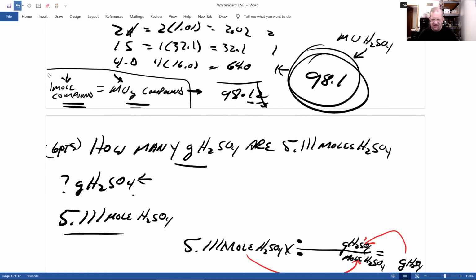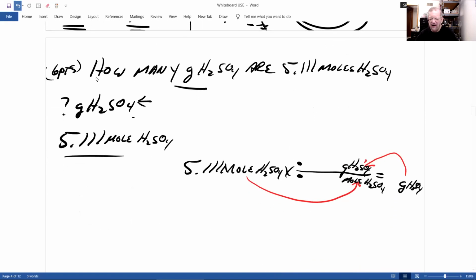Well, we just calculated that. So for every 1 mole, you have 98.1 grams. For every 1 mole, you have the molecular weight of sulfuric acid in grams. Notice moles divided by moles cancel out because anything divided by itself equals the number 1, meaning it's gone. And I'm left with the right units.